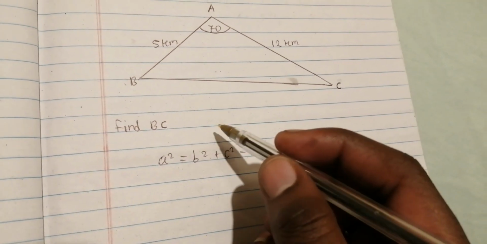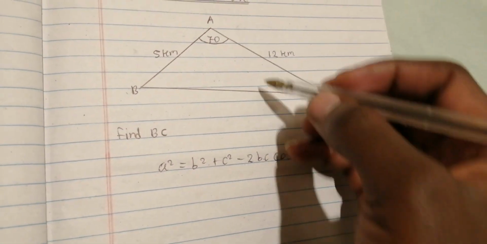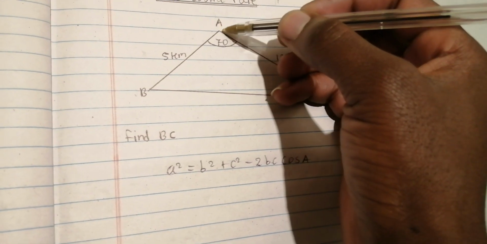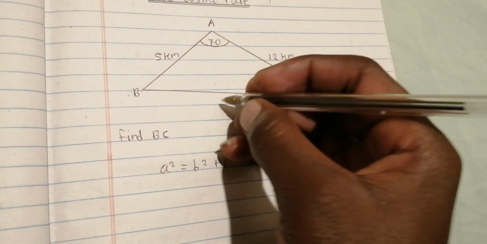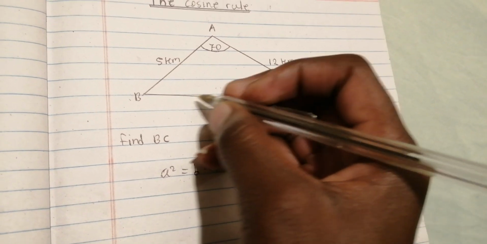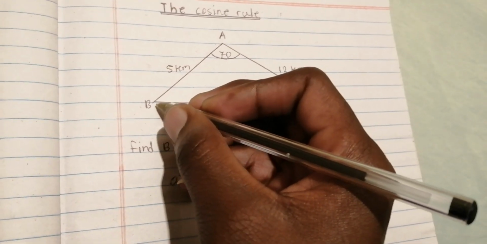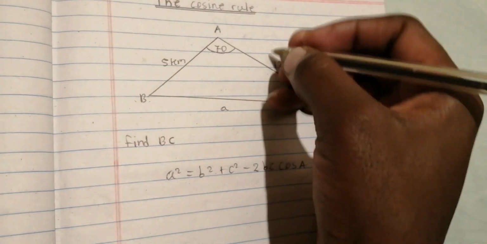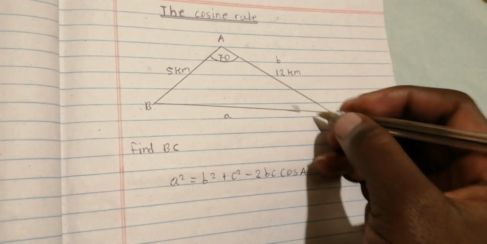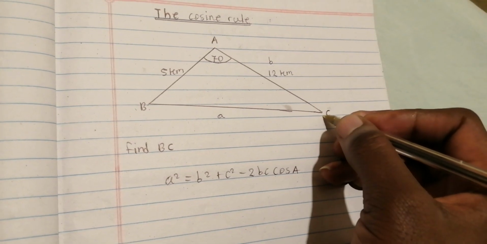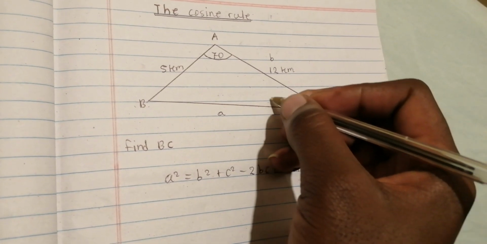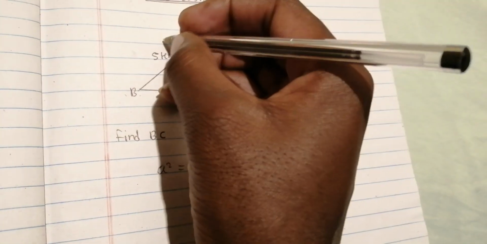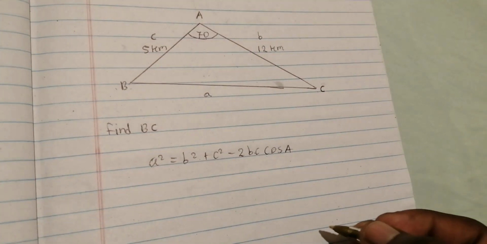The opposite of capital letter A is small letter a, the opposite of capital letter B is small letter b, and the opposite of capital letter C is small c, like that.